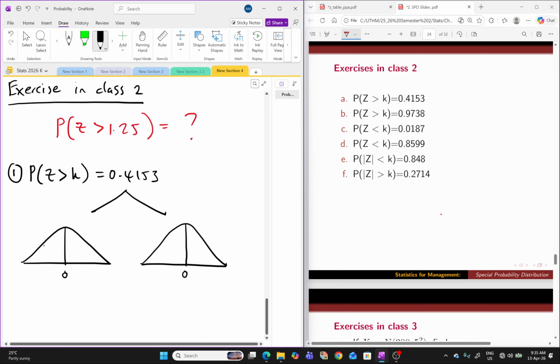The K can be on the left hand side because K we don't know, right? Positive or negative we don't know. It may be on the left or on the right. Let's say K is on the left.